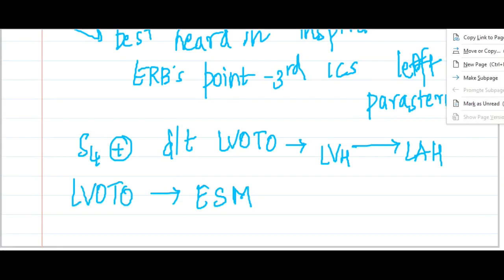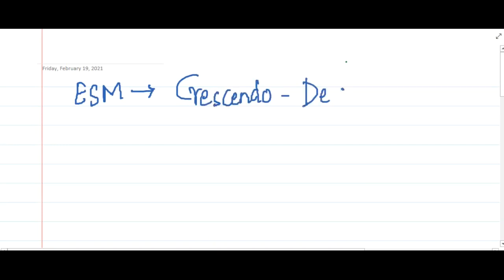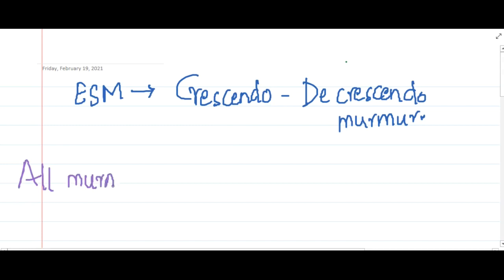We will have to learn some important points about this ejection systolic murmur. The ejection systolic murmur, which occurs in hypertrophic obstructive cardiomyopathy, is a type of crescendo decrescendo murmur, and there is one line which you should always remember: all murmurs in our body will decrease in intensity with Valsalva and standing.